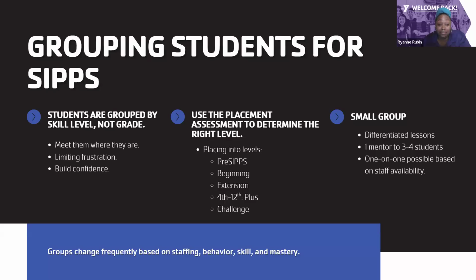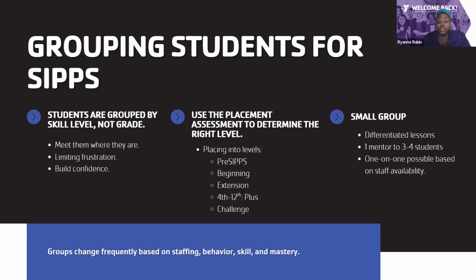Beginning is K through second if they're really in intervention mode. Extension is second through third, and challenge is second through fourth grade, I believe. Again, you'll get more information about those levels and what they support when we hit each individual level.